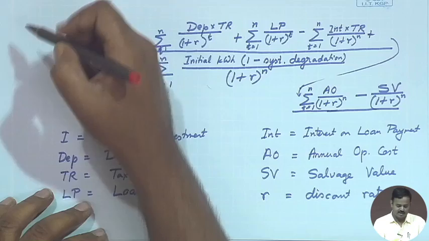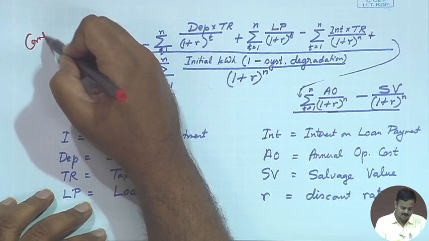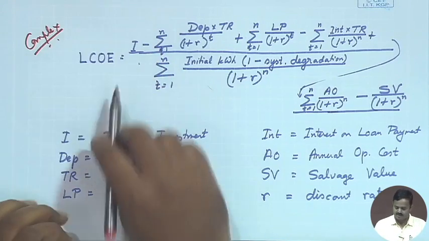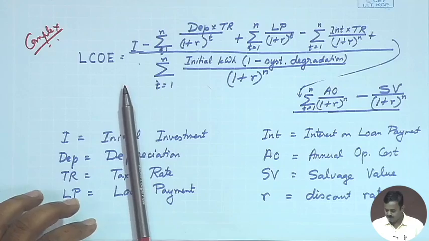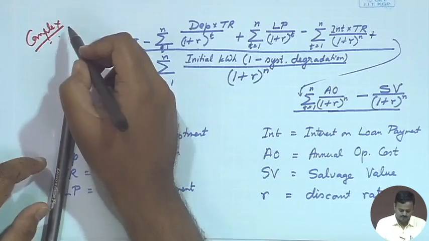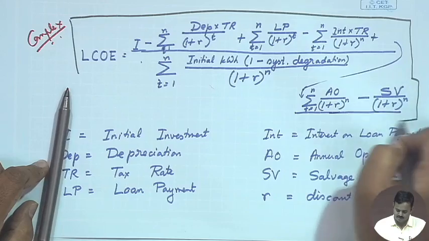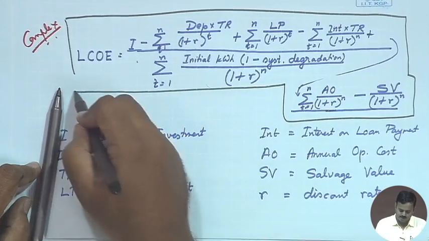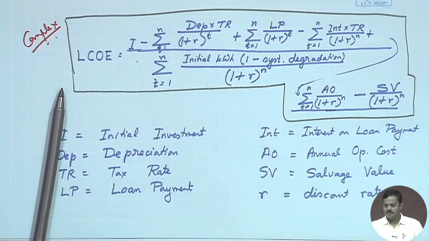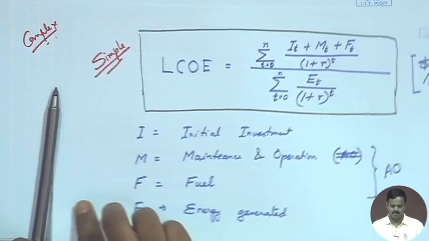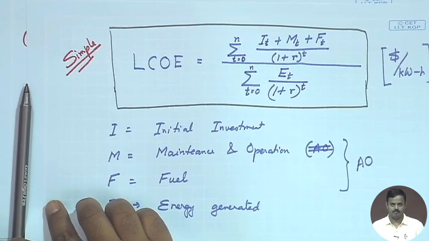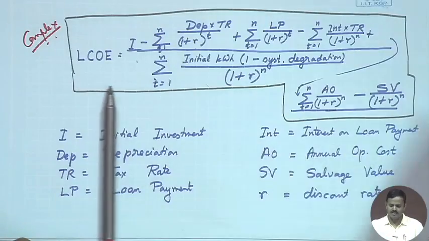This is a little complex in the sense that it encompasses a lot more elements, compared with the very simple one that we wrote. Clear? Both of these are valid.